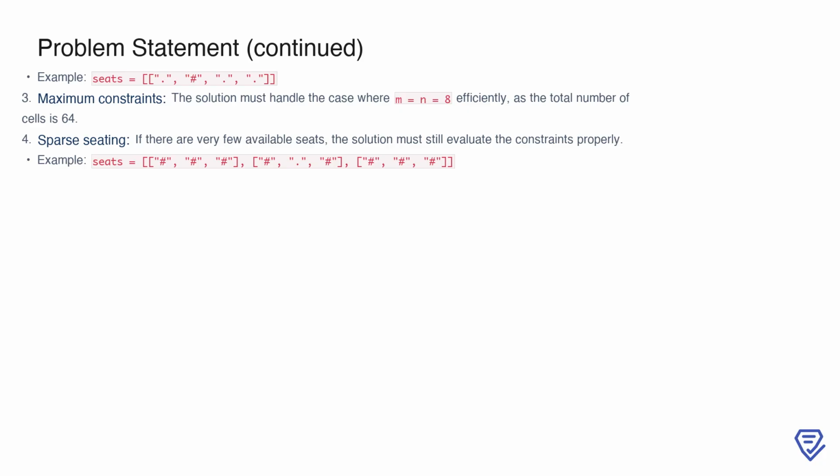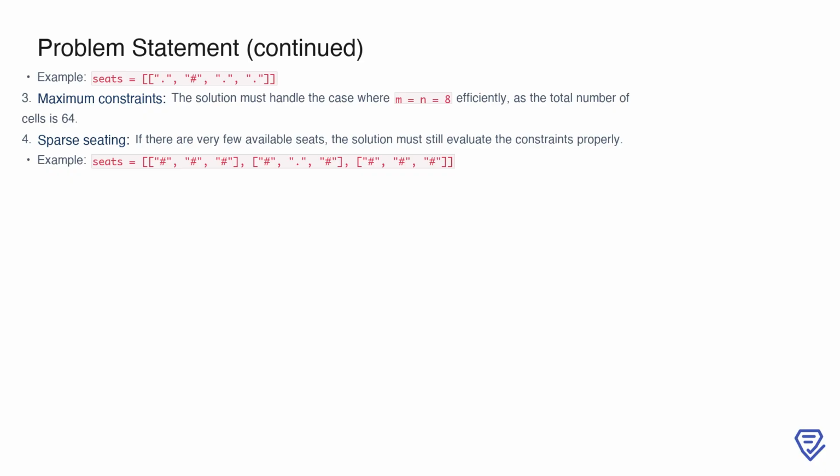Now, let's discuss some important constraints and edge cases that the solution must handle. First, if all seats are broken, as in the previous example, the output should be 0. Next, for single rows or columns, the solution must ensure that no 2 adjacent students violate the left or diagonal constraints. Additionally, the solution must be efficient enough to handle the maximum allowed grid size, or m equals n equals 8, meaning there are 64 total cells.